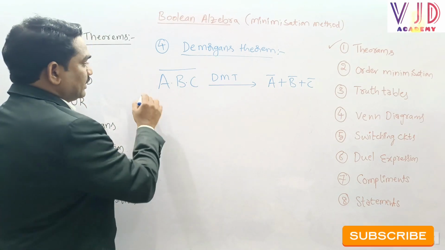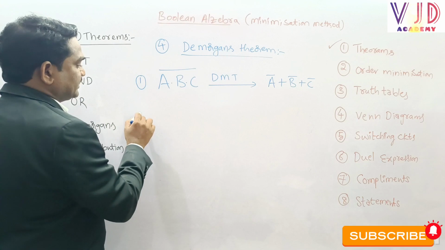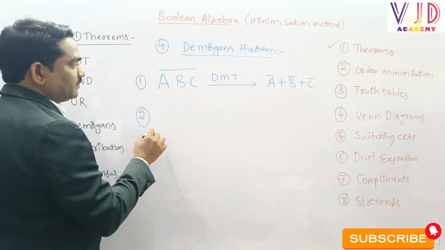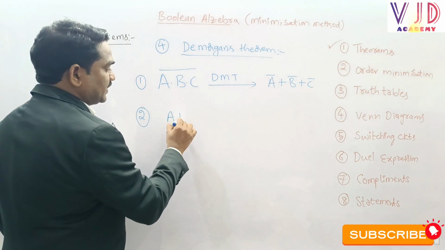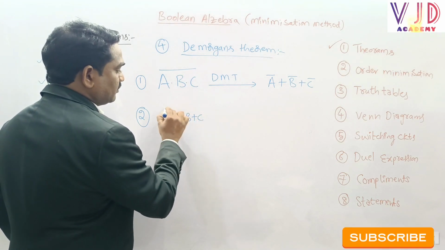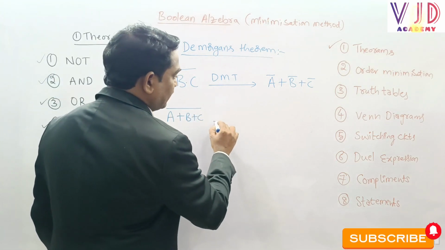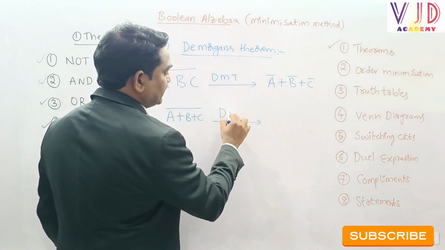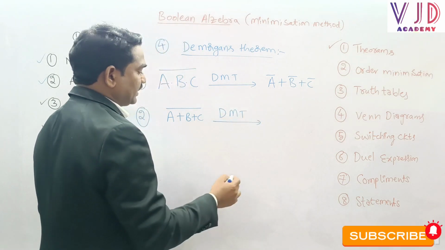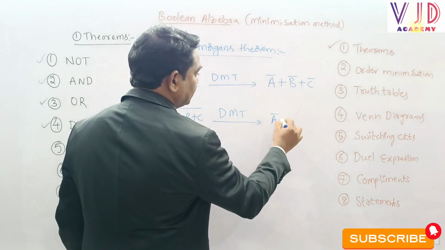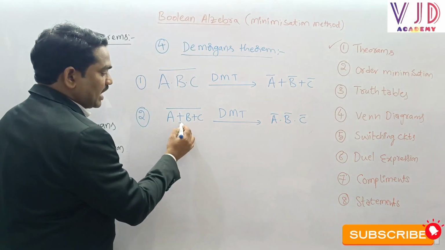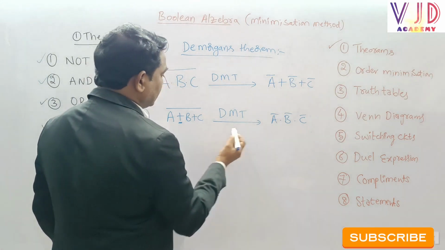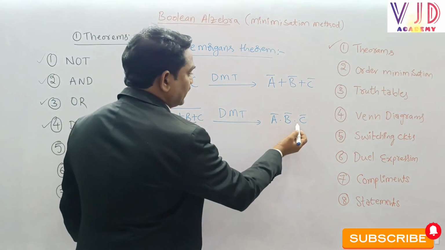And now let me take another example. This is the first example, and now the second example: A plus B plus C whole bar. And now the moment when I apply De Morgan's theorem, DMT, the output will become A bar into B bar into C bar, which means here the OR gate will become an AND gate.